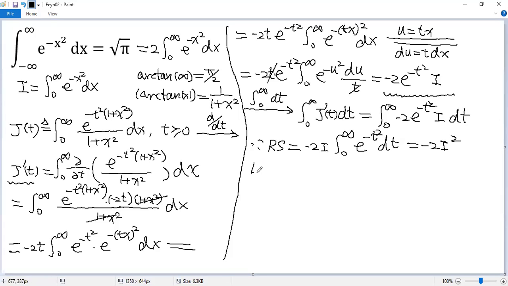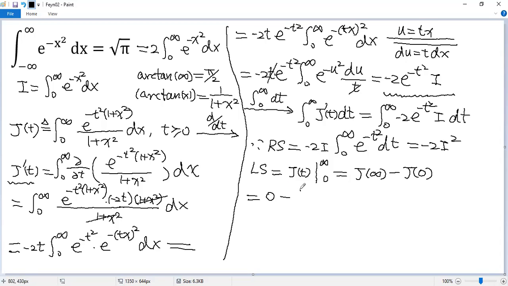Look at our left side. Using the fundamental theorem of calculus, we get the antiderivative, which is just J of t, evaluated at infinity and 0, so we plug in J of infinity minus J of 0. When t equals infinity, you can see the top becomes e to the power of negative infinity. That's 0, right? Minus, when t equals 0, e to the power of 0 is 1.